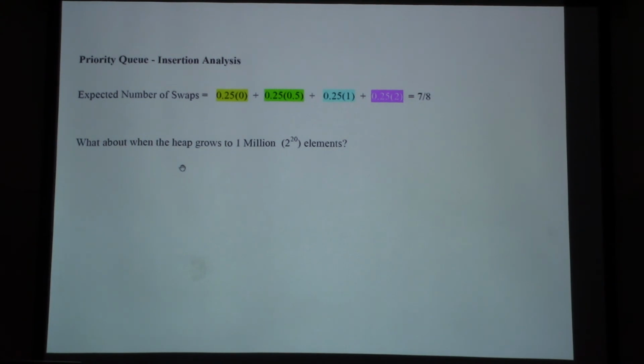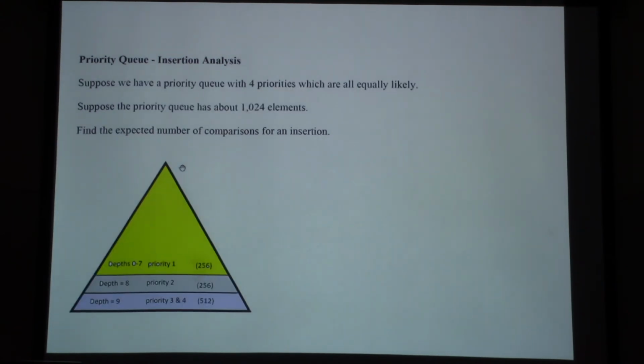Now, sometimes I will get a 3. If the 3 lines up under a 3, 0 swaps. But if it lines up under a 4, 1 swap. But it's 50% chance that it'll be a 3, 50% 4, because it's 50-50 here. So therefore, on average, I would have how many swaps? Half a swap.